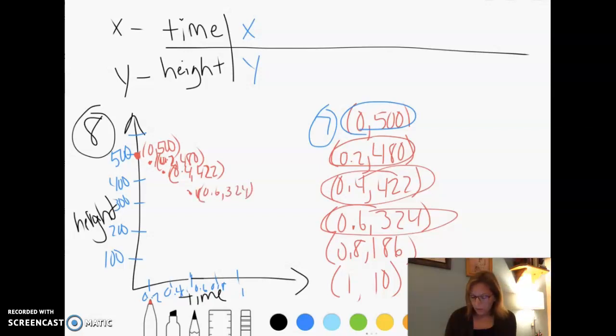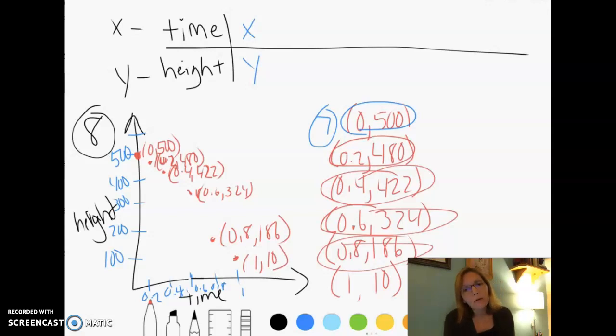And I have 0.8 and 186, sorry. And last, I have 1 and 10. So 1 and 10. Okay, and that's all there is to it. Just graphing my ordered pairs.